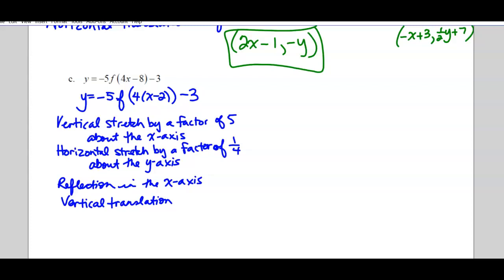So that means the original has gone down 3. And then horizontal translation. And that's going to be right 2 units.